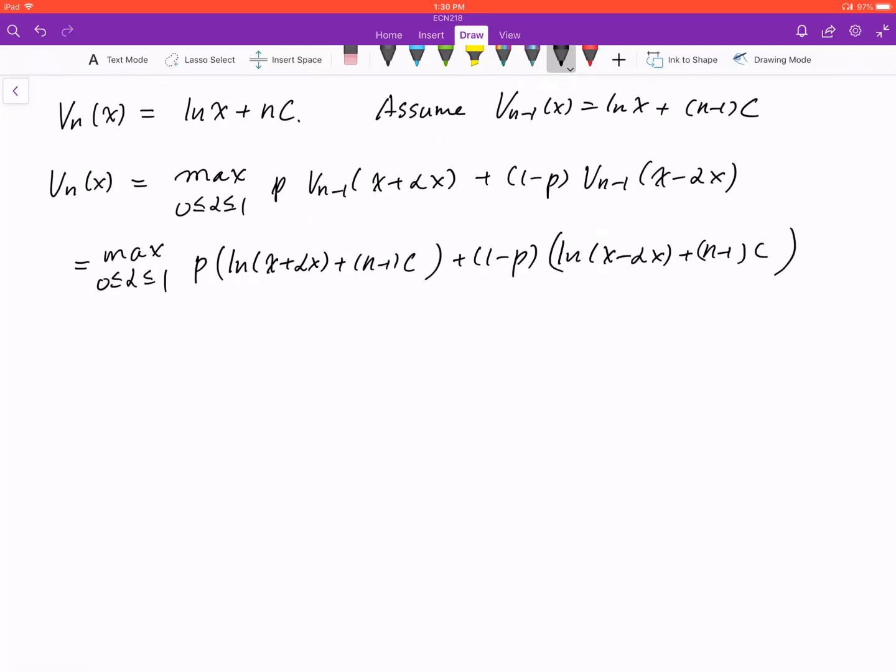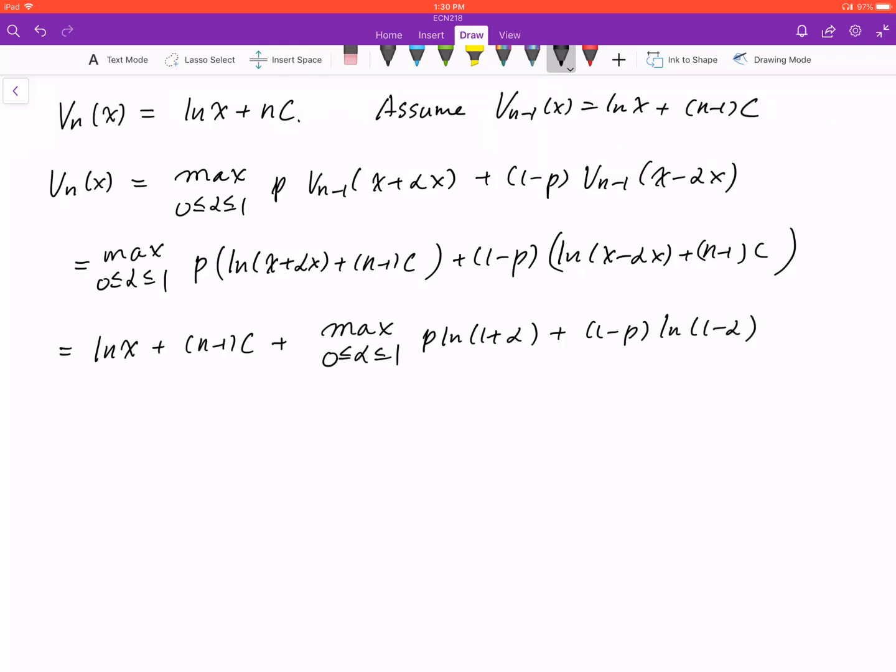Using the same algebra, let me skip one step. We will have log x plus (n minus 1)c plus the same maximization problem over alpha between 0 and 1, of p log(1 plus alpha) plus (1 minus p) log(1 minus alpha).